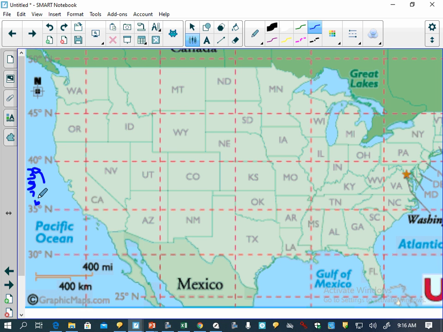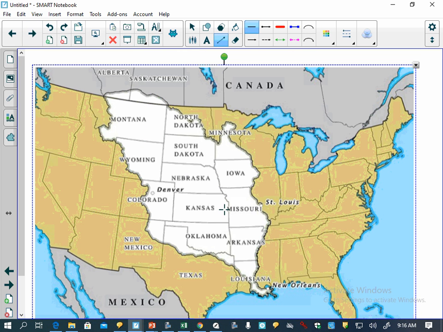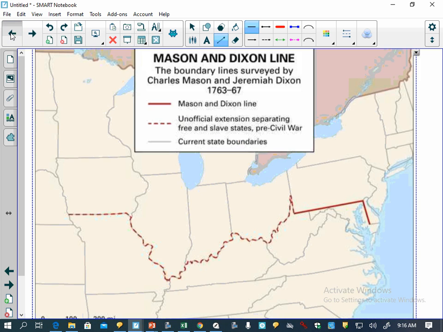So if we're looking at 36 and a half, I can draw a straight line really well. This would be almost the line that we're proposing. Now, he proposes this line to go above. The northern half would be free states, the southern half would be slave states, specifically in the Louisiana Purchase. We just drew that line two lines ago.